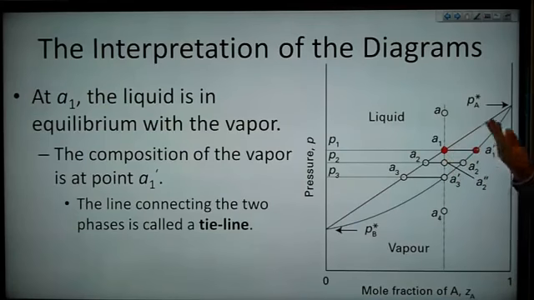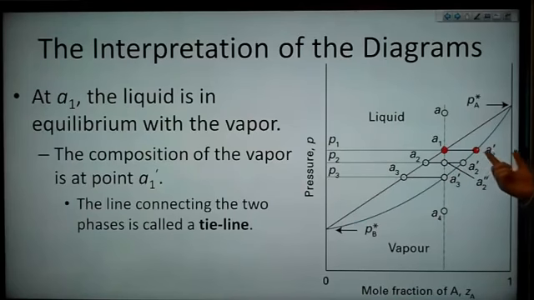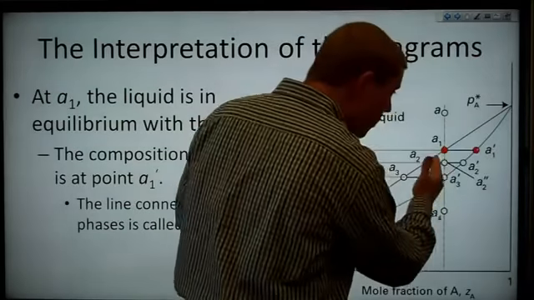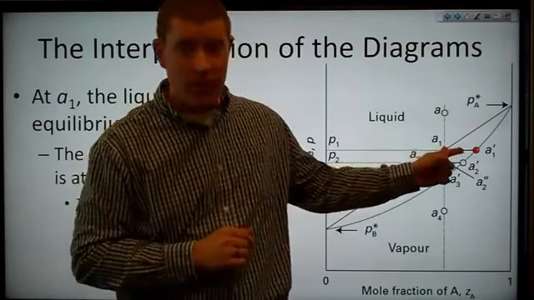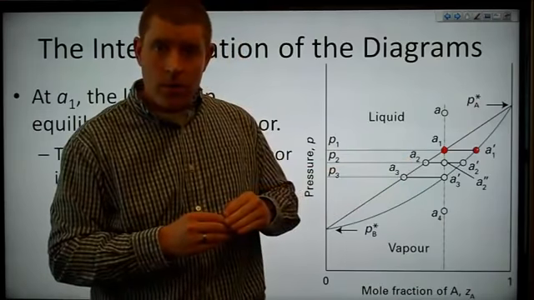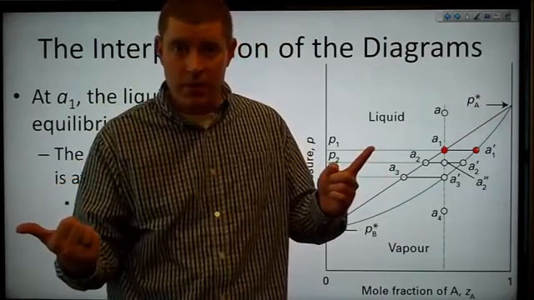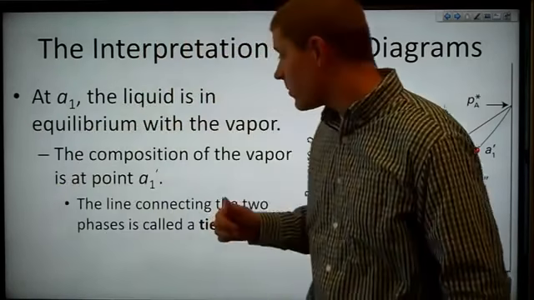So is that enriched in A or enriched in B? That's enriched in A, right? We have a higher mole fraction of A in our vapor phase, and so we've now purified A in the vapor phase compared to the liquid phase. So now let's look at what else we can do.